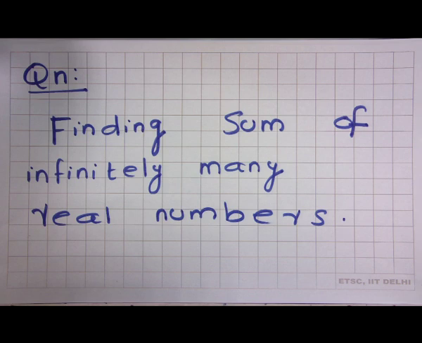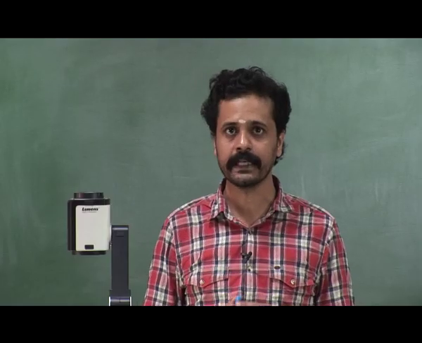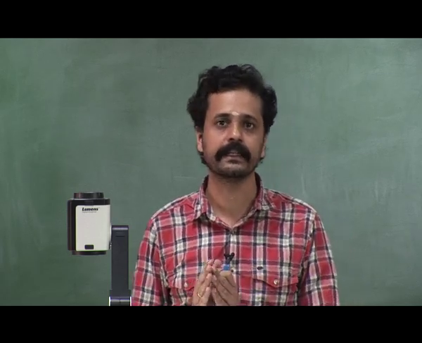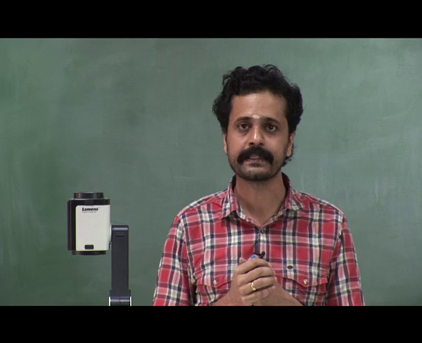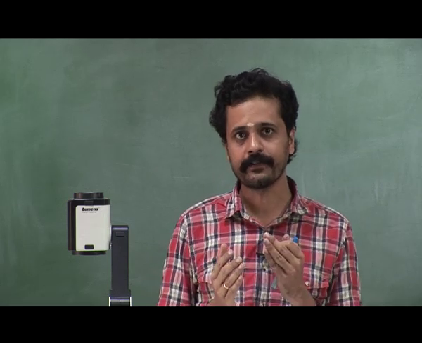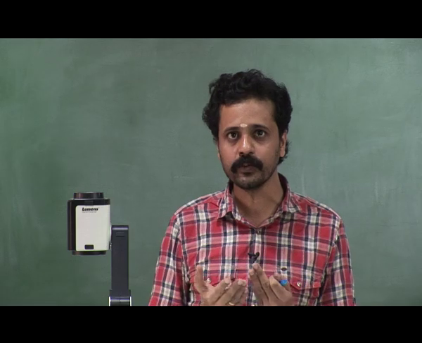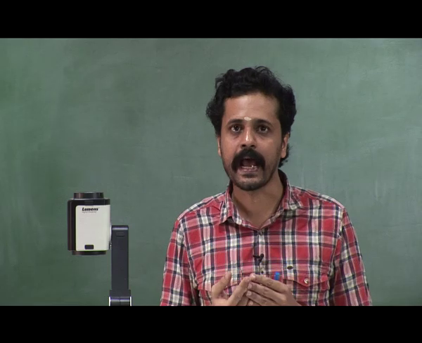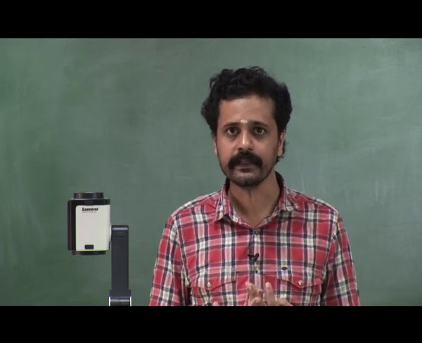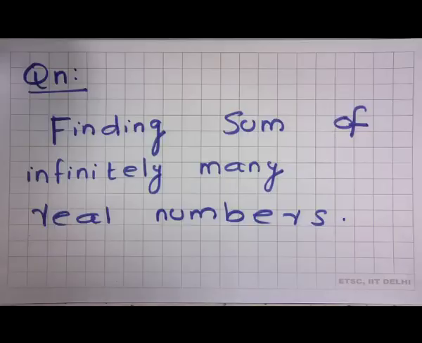When we deal with a finite number of real numbers, say a1, a2, a3, etc., an, and when we want to find its sum, first we can find a1 plus a2, for instance. To this sum we can add, say, a3 and so on. This process will terminate.